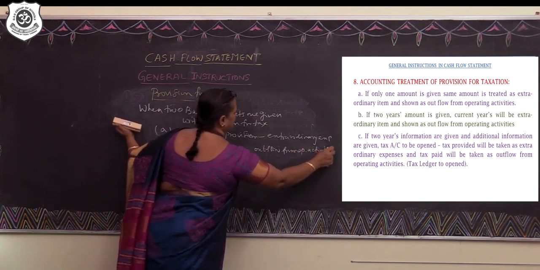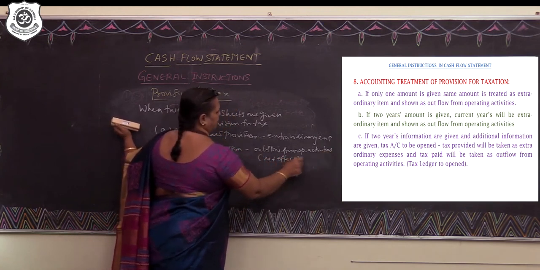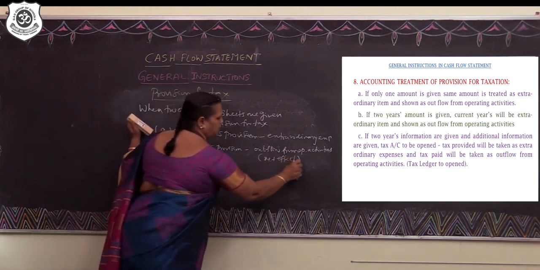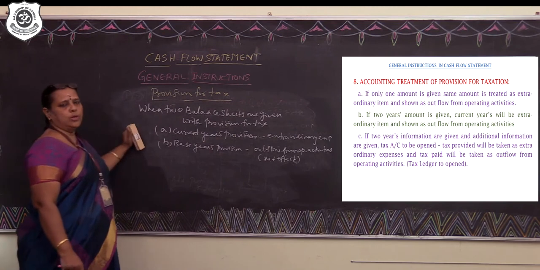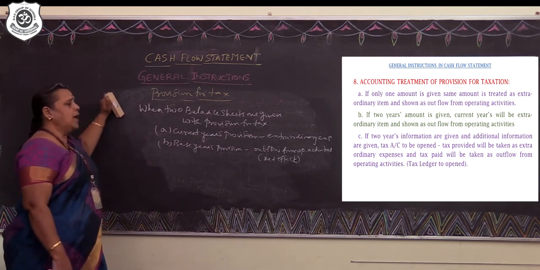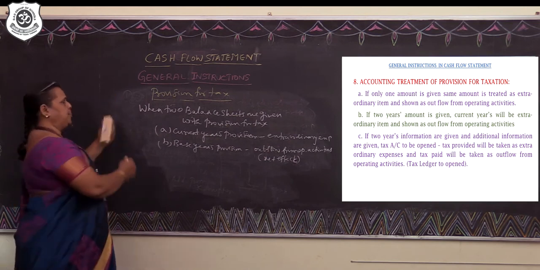Again, it is the net effect. So, if two years' figures are given, current year's provision will be an extraordinary expense and base year's provision will be an outflow from operating activities after subtracting income tax refund.